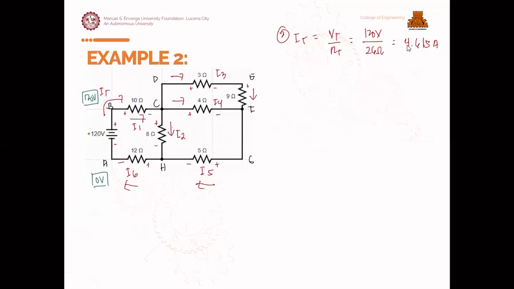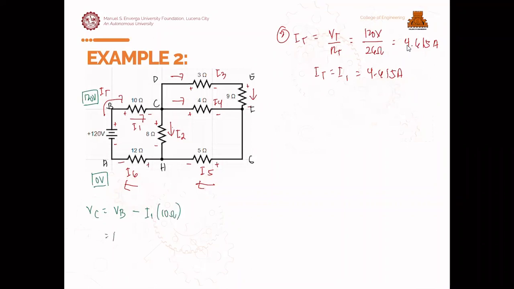So, at C, the value of IT is equal to I1, which is 4.165 amperes. Going to C, our voltage will be VB minus, towards negative, I1 times 10 ohms.